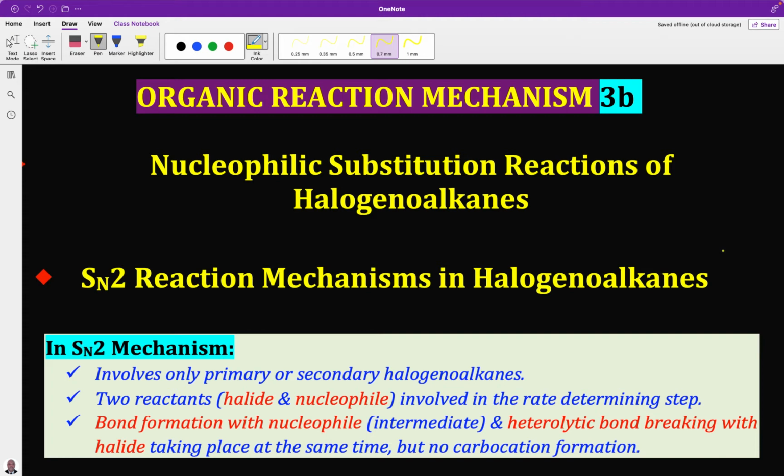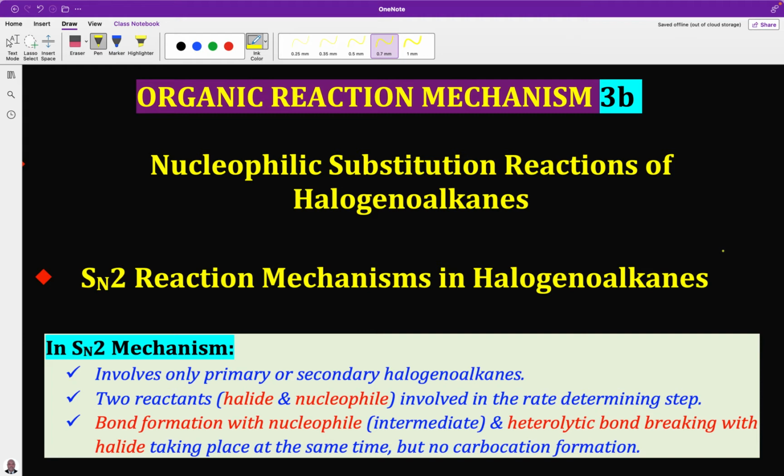So the first thing is, in our previous video on SN1 mechanism, as I told you, S stands for substitution, N stands for nucleophilic, and the 2 there stands for the reacting species or the number of reactants that are involved in the rate determining step.